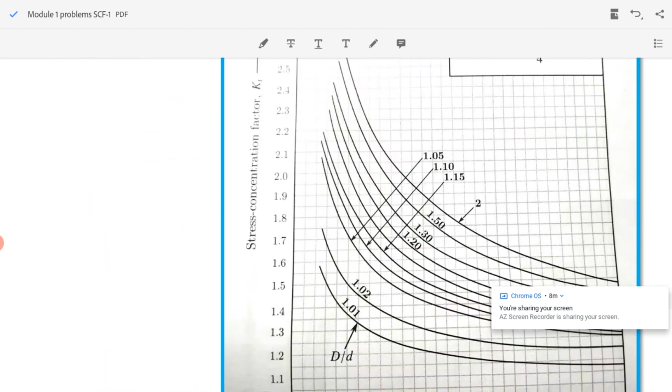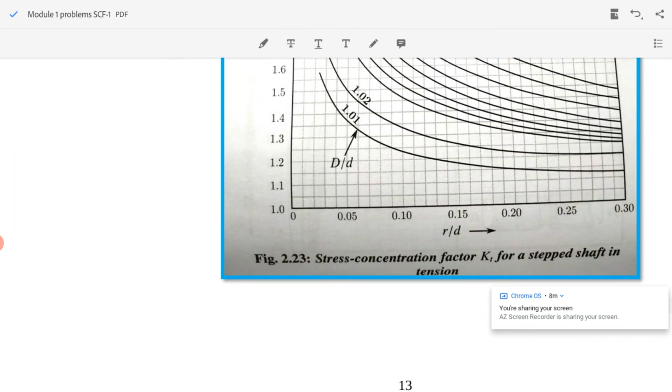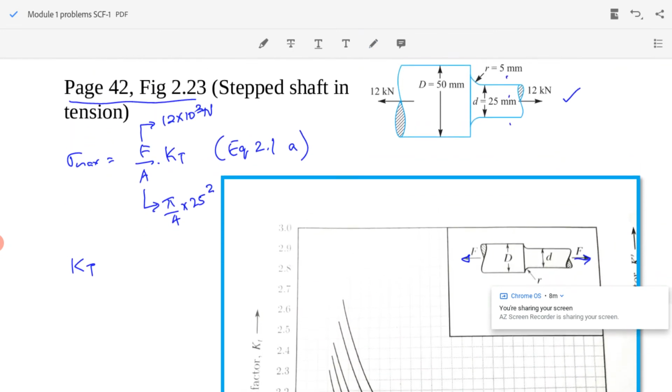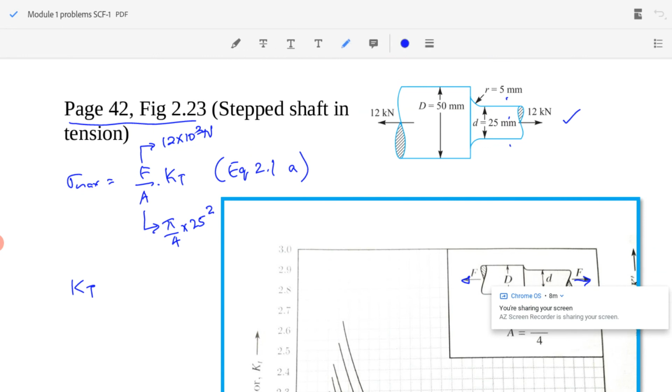Okay. So here on the x-axis it is given R by d. First we will find the value of R by d. R equal to 5 mm and small d equal to 25 mm.